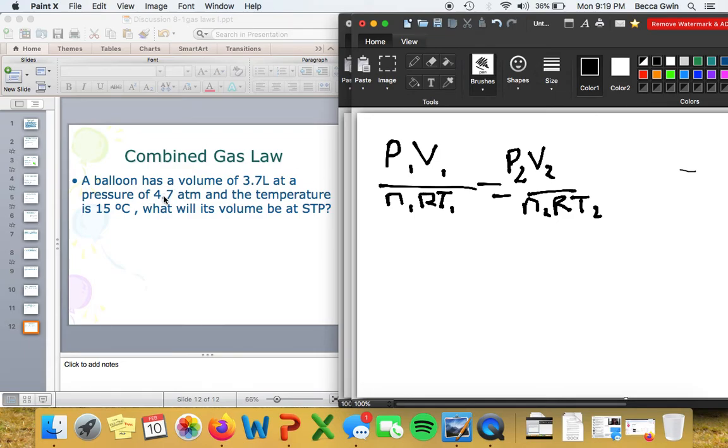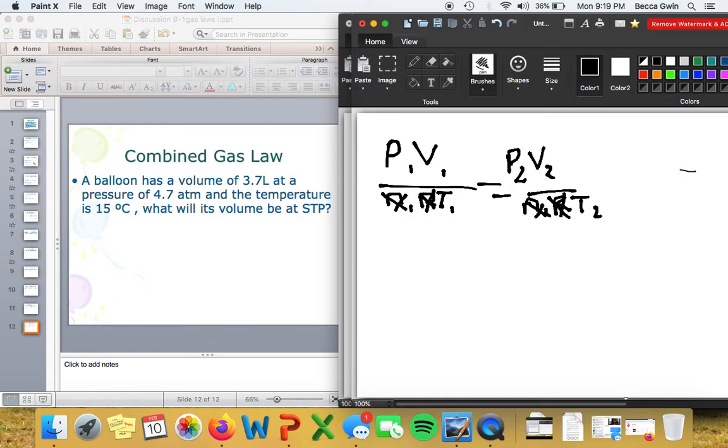I'm given a pressure, I'm going to keep my pressures. I do not need my moles, as that's the same on both sides. And because this value is going to be the same, I'm not even going to use my 0.0821. I'm going to be dividing or multiplying by that on the same side.